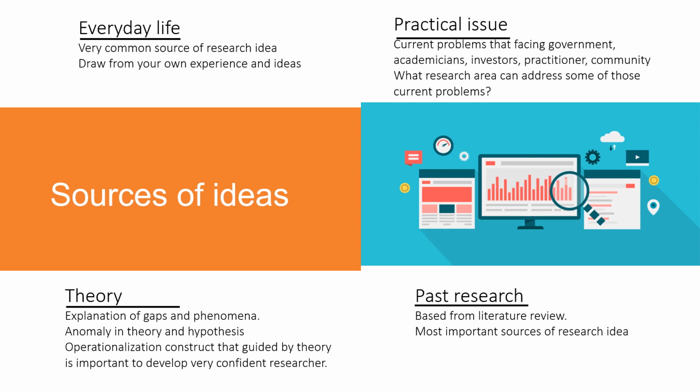Maybe, if you are a lecturer, you notice that students perform badly after the introduction of online class. Then you notice an increasing trend of accidents due to drunk drivers. From those observations, you may get some idea, or it may be from practical issues.